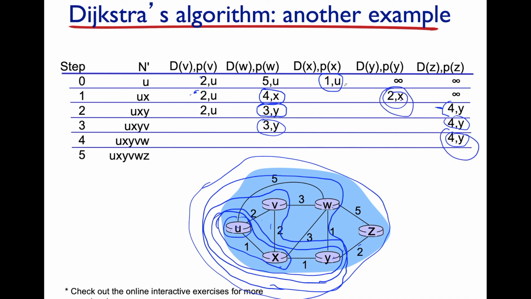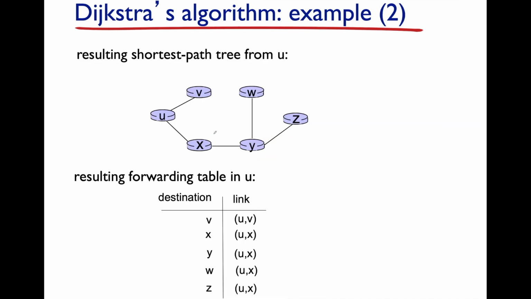That's Y, that's X. Predecessor for X going to U, predecessor for W going to Y, predecessor for V going through U. If we take these predecessors and assemble them together, this is our least cost path tree from U to get to V, to X, along this output port, to get to W, to get to Y, or to get to Z.